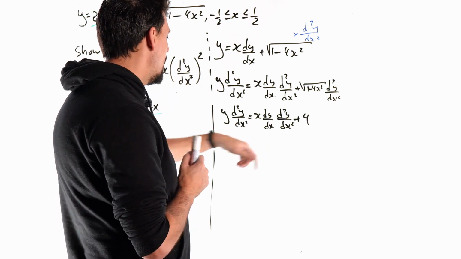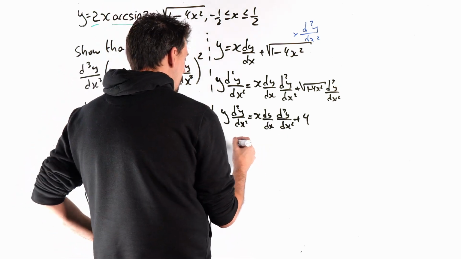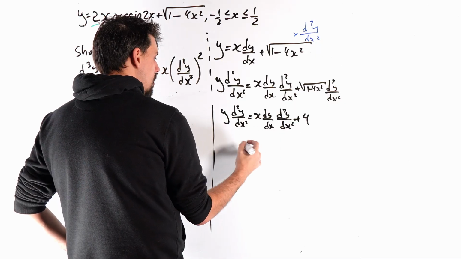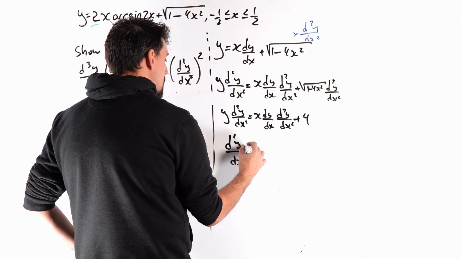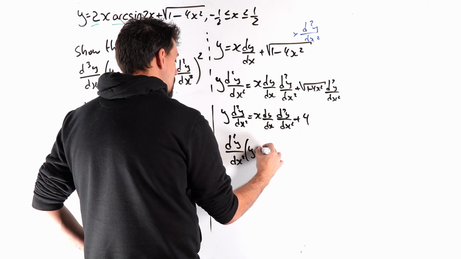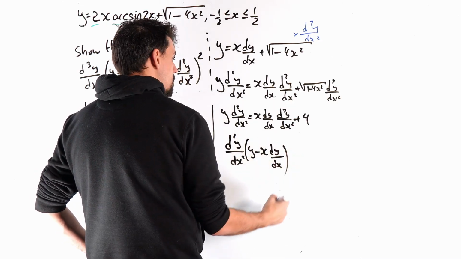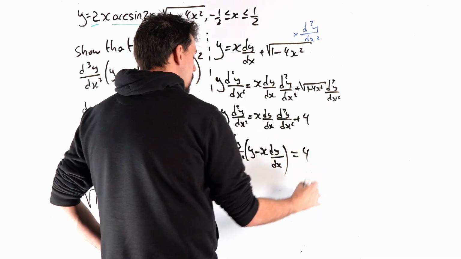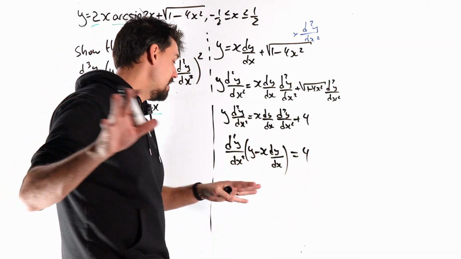But what we can do is, if I move that over and factorize, I will get d2y dx squared times y minus x dy dx is equal to 4. And now all we need to do is differentiate.